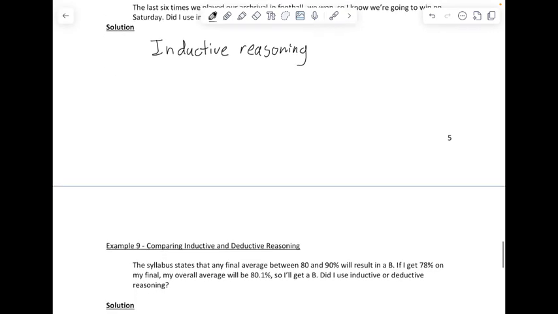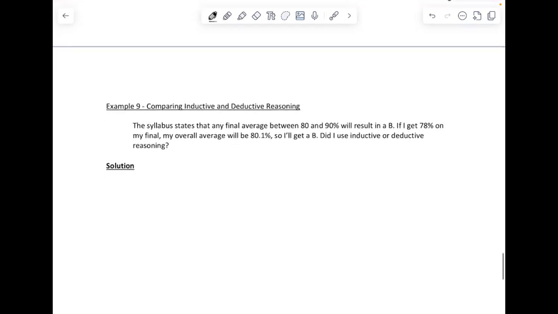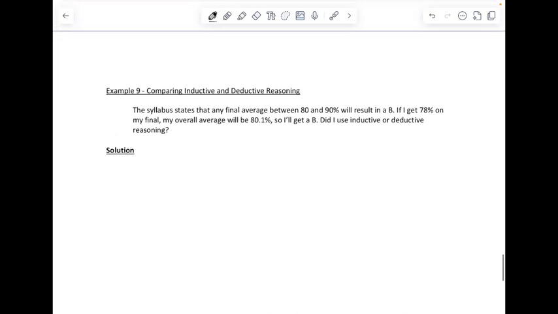And then one more example. The syllabus states that any final average between 80 and 90% will result in a B. If I get 78% on my final, my overall average will be 80.1%, so I'll get a B. Did I use inductive or deductive reasoning?